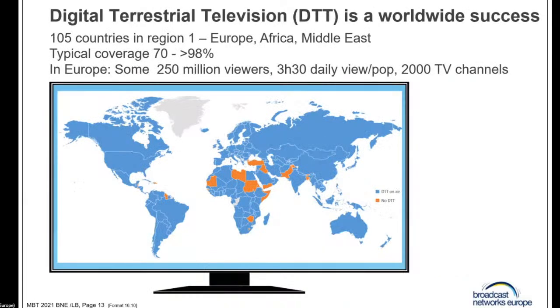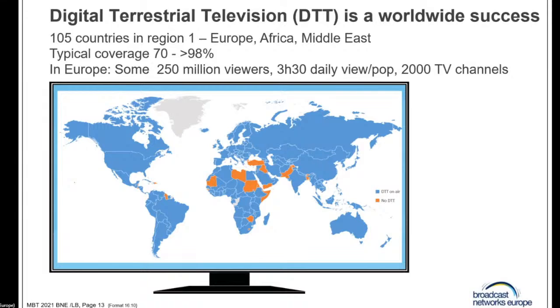And of course, if you look at the success of DTT, most countries in the world have actually adopted terrestrial broadcasting and use DTT, perhaps with various standards. But typical coverage is 70 to 98% of the population.